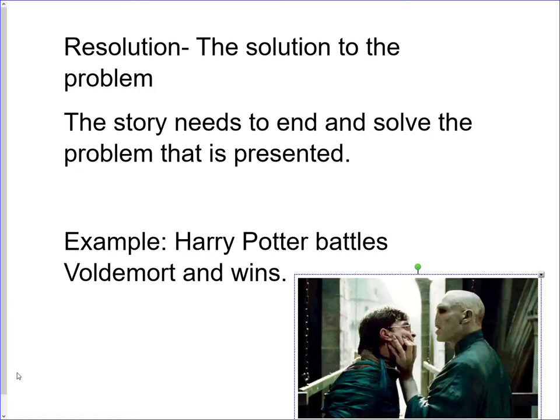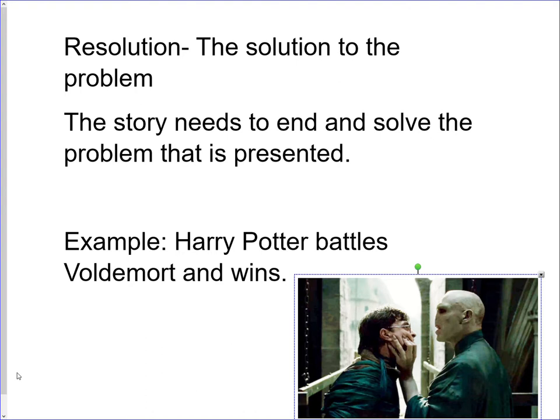So that's an important thing to make sure you're including in your stories, that you have a conflict within your story. Our next one is resolution. Resolution is just a simple way of saying the solution to the problem, right? The story needs to end, and you have to solve the problem that is presented. You can have a happy ending, or you can have a sad ending, but you need to solve it in some way, because otherwise, if you're a reader, you see that really nothing happened.